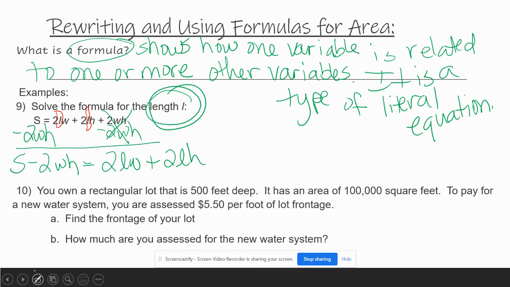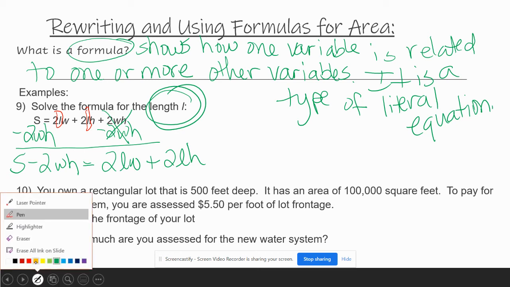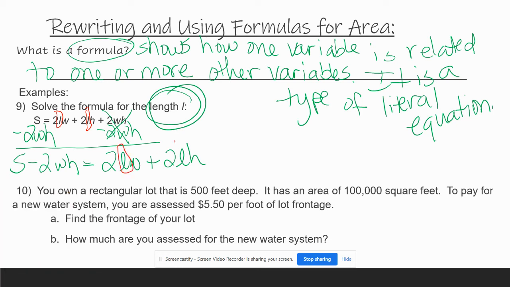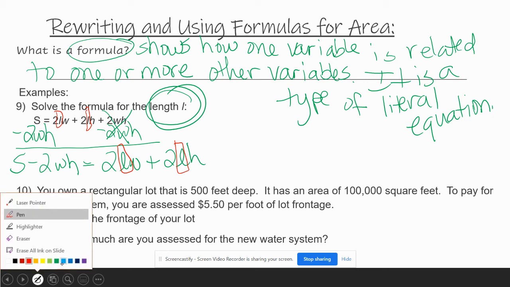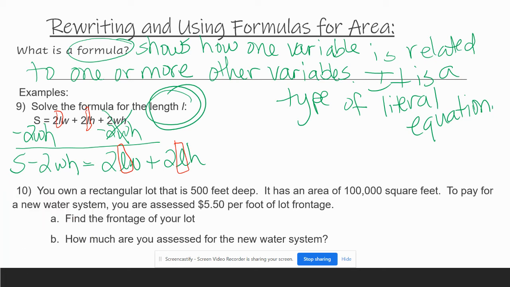All right, well, this is another part where the L's are in two spots. So let's do the same thing that we did with the X's in the last example that we did together. And let's pull out that common factor of L. And when we pull that out, we're left with 2W plus 2H.